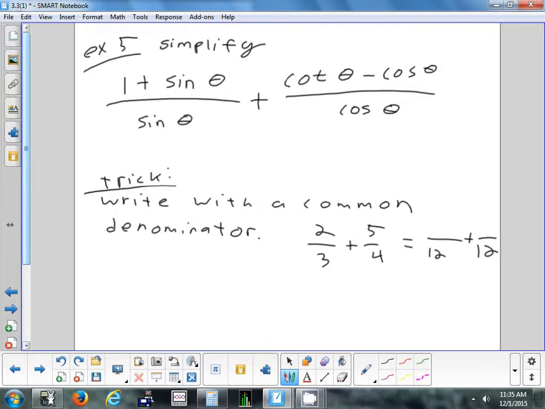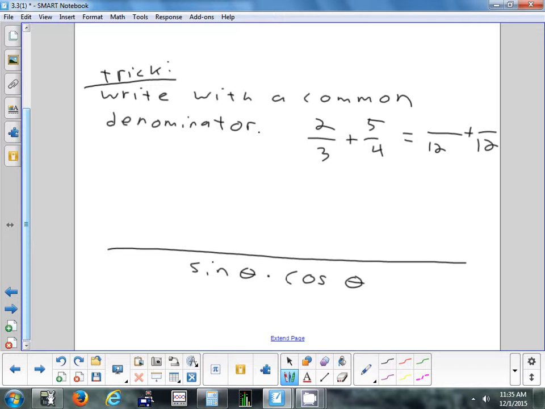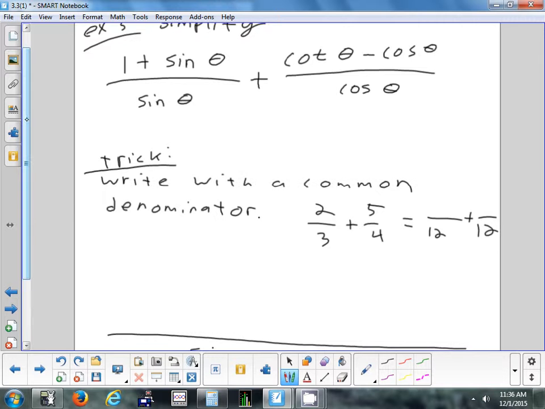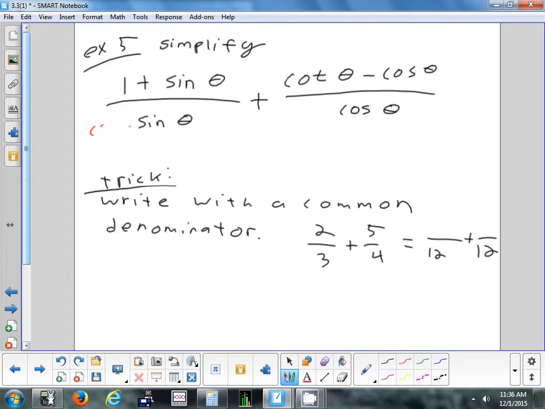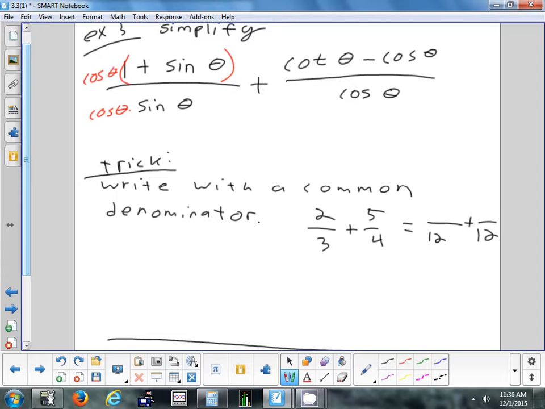Now look at the fraction on the left. What is this denominator missing to make it the common denominator? It's missing cosine. So I'm going to multiply the bottom and top by cosine. Now, what is the denominator on the right missing to make it the common denominator? It's missing sine.